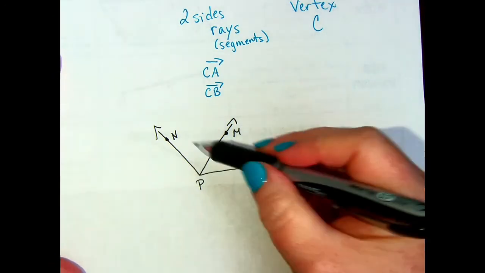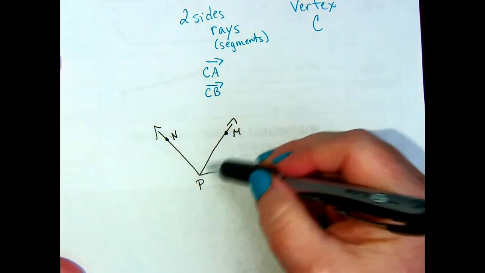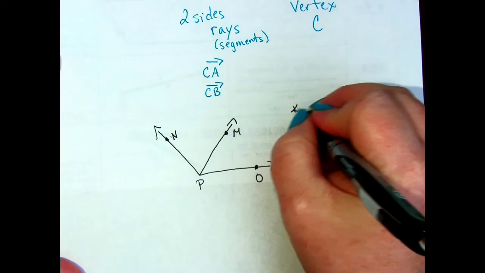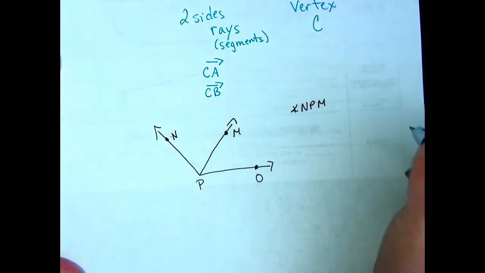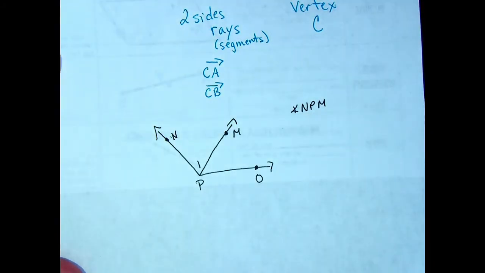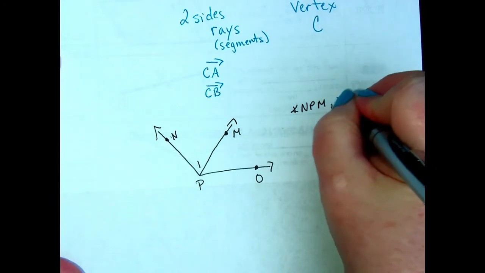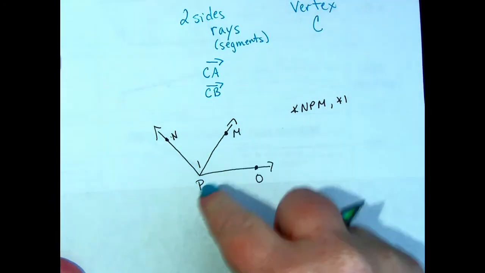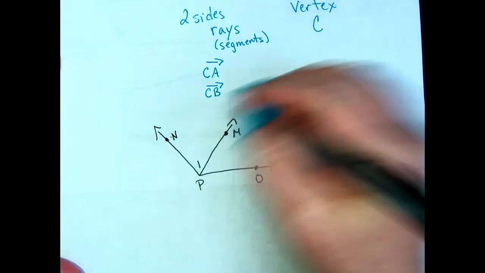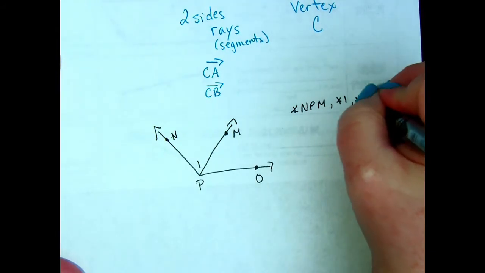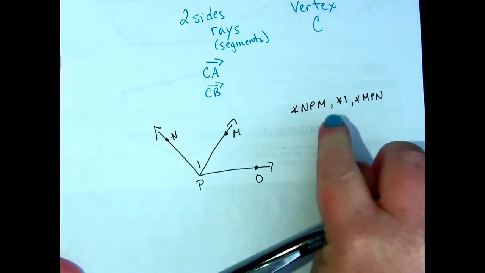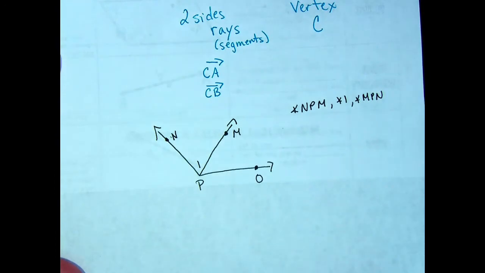I have angle NPM, that angle 1, or I can name it as MPN. Notice the vertex is in the center in all of them.